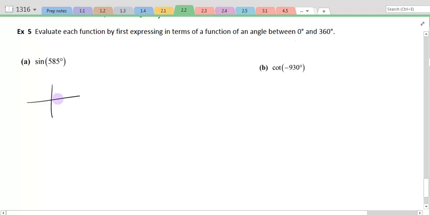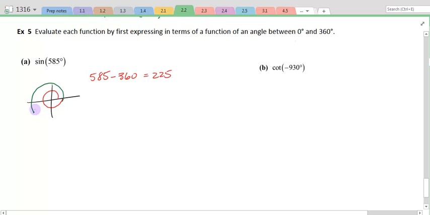Okay, so if I go all the way around the circle one time, that's 360. This is more than that, but how much more? Well, if I take 585 minus the one revolution of 360, I'm really looking at some value which is 225 degrees. Okay, 225 then means that I'm going to go all the way around and end in this third quadrant.